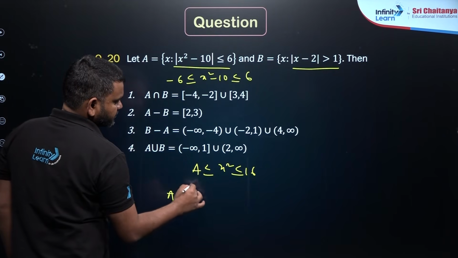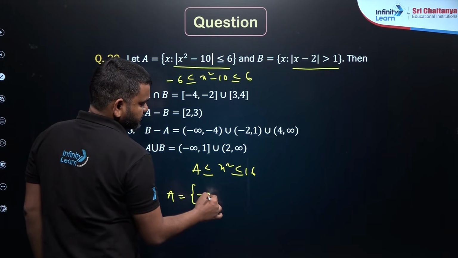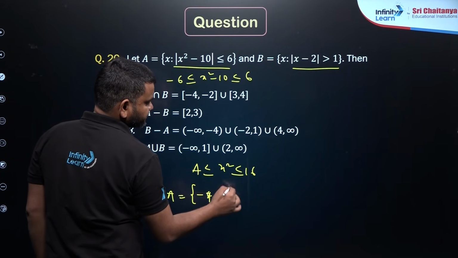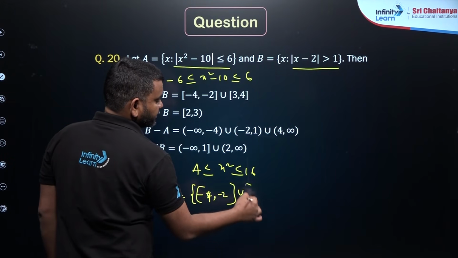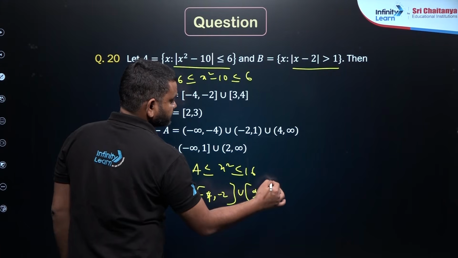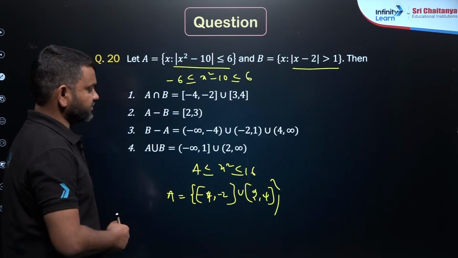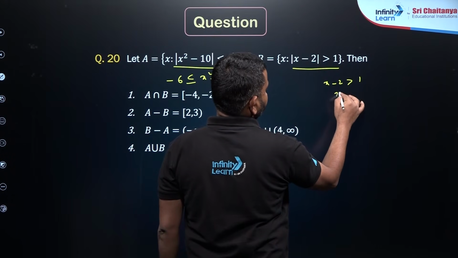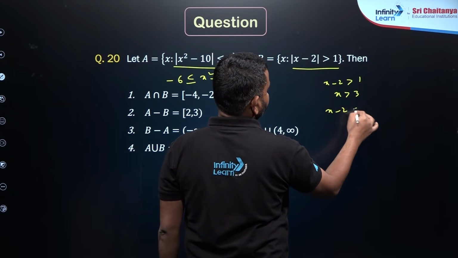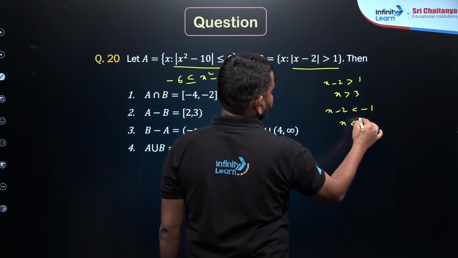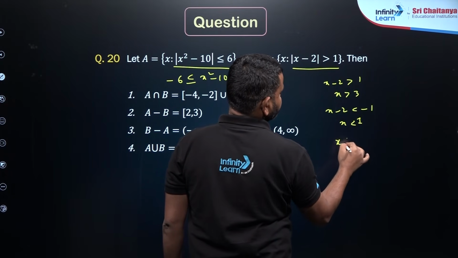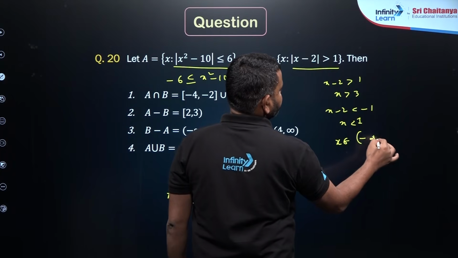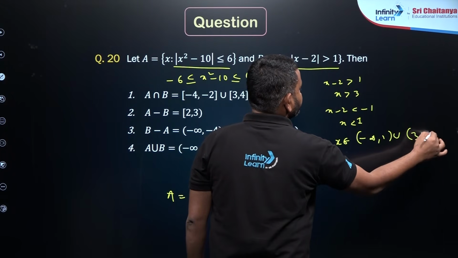So A is going to be minus 4 to minus 2 union 2 to 4. These are the values we are going to satisfy here. Now if you see this one, x minus 2 is greater than 1, x greater than 3, x minus 2 is lesser than minus 1, x lesser than 1. So here x belongs to minus infinity to 1 union 3 to infinity.